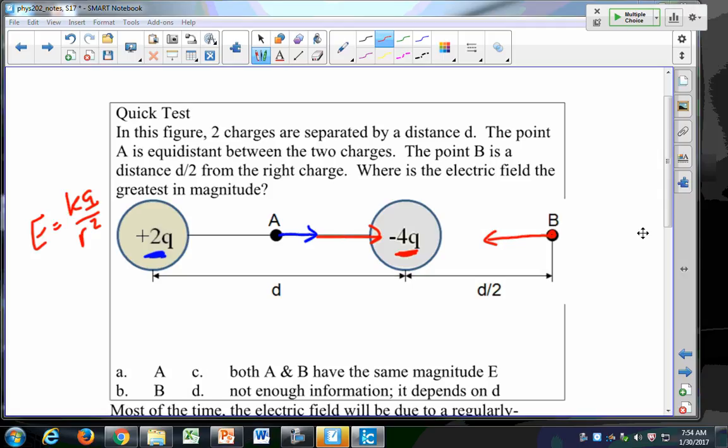Good test question. Thinking about how does changing the distance affect the electric field? Ask yourself, by how much more or less is this distance than this distance? The distance between the plus 2q and B is how much bigger than this distance?